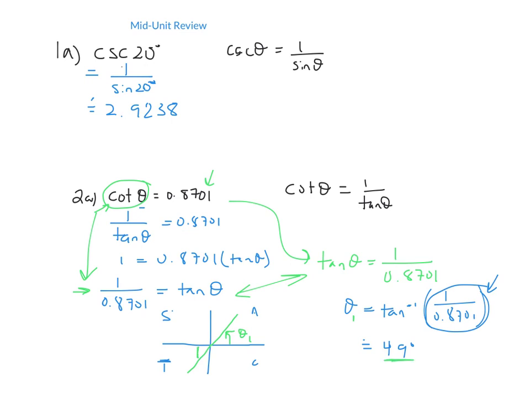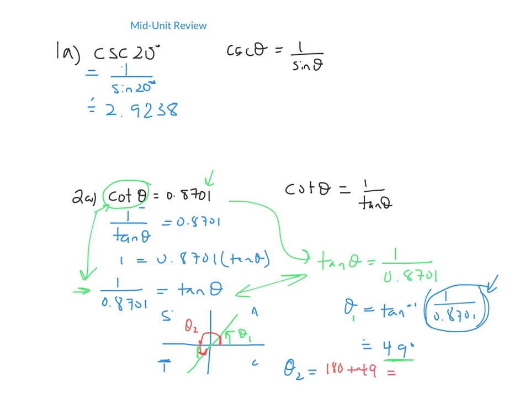So to get my second possible theta, if the domain was between 0 and 360, our second theta could be the 180 degrees plus the extra 49 degrees right here. Okay, so that's our theta 2. It's going to be 180 degrees plus the 49 degrees, the related acute angle.